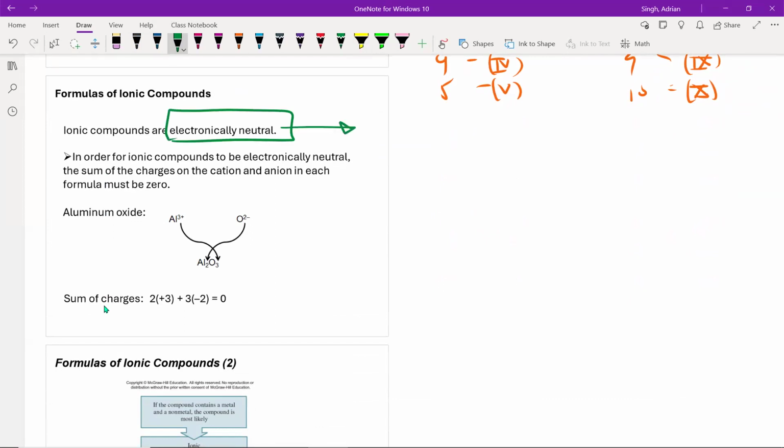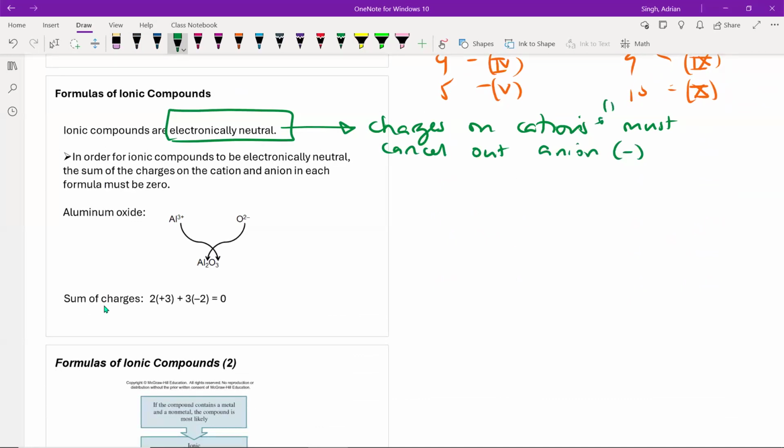This means the charges on the cations, the positive ions, must cancel out the anion charges. Anions are negative, cations are positive. They have to cancel, and the ratio that allows us to cancel out the charges is expressed as subscripts in our formula.